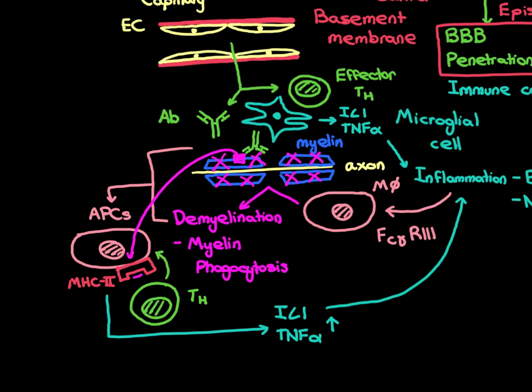Now, why is this going to help with the healing process? Why is it going to speed up the healing process? Well, remember, in our white matter lesion, by the time you've got the neurological symptoms, all of the myelin sheaths have gone. So demyelination has occurred in the white matter lesion. But we've still got loads of inflammatory cells there. We've still got loads of cells of the immune system there.